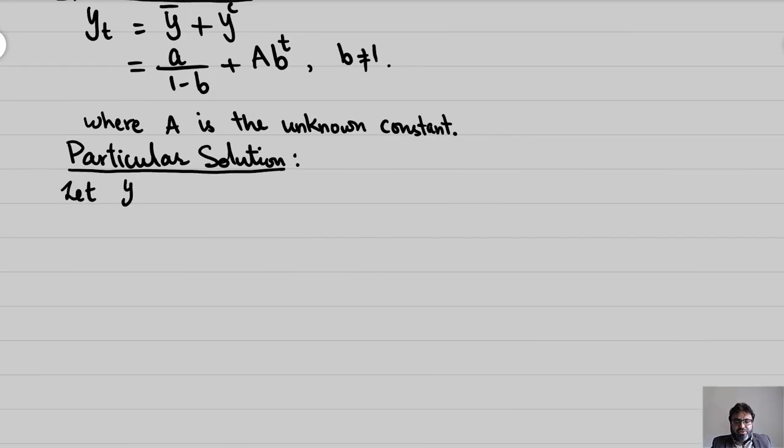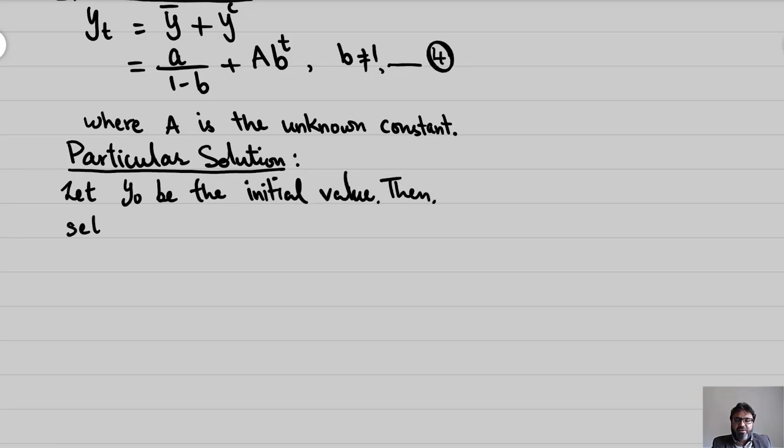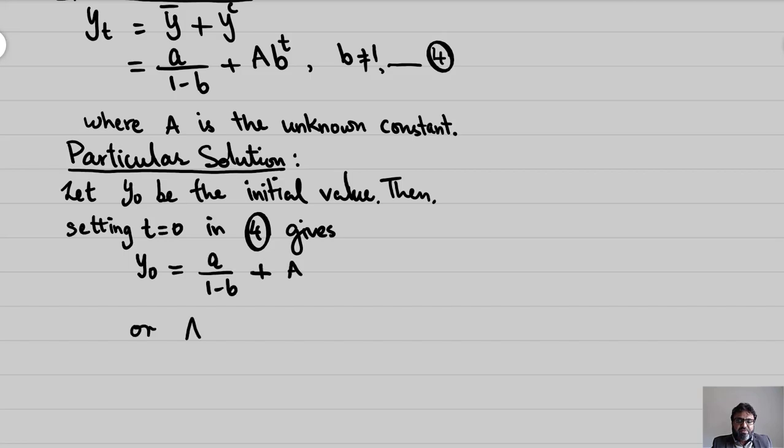For the particular solution, we assume that y_0 is the initial value when time is equal to 0. So we set t equal to 0 in equation 4, which would yield y_0 equals a upon 1 minus b plus A b raised to the power 0, which means A. And hence we can find A as the deviation between the initial value and the equilibrium state.